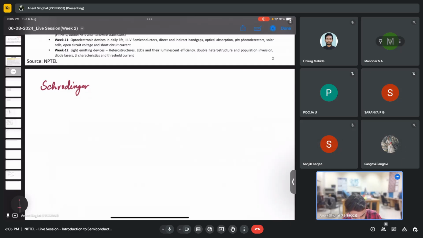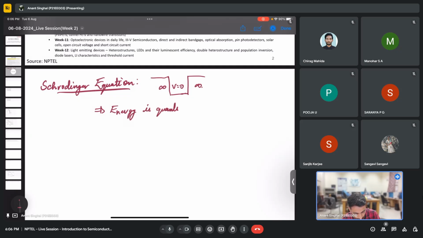Okay, fine. So we took a very basic idea of the Schrodinger equation for a 1D potential well, that is an infinite potential well in which we have zero potential inside and infinite potential elsewhere. From this, we get to know that the energy is quantized.